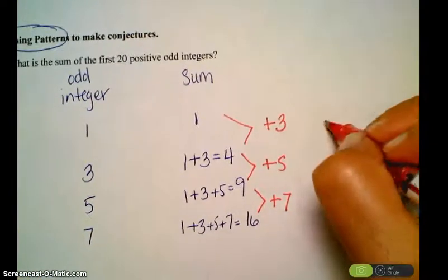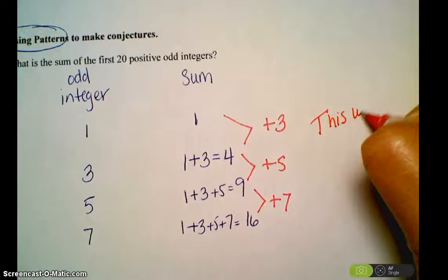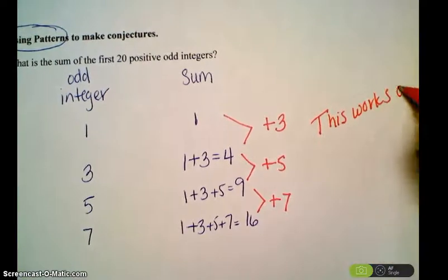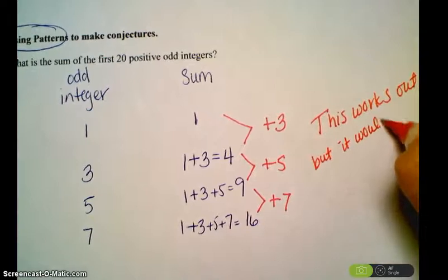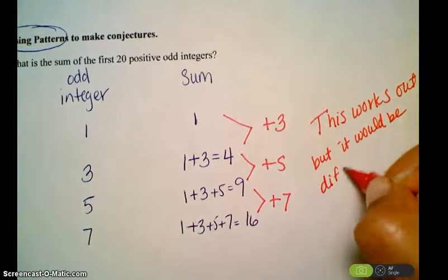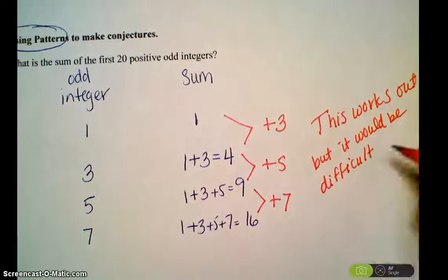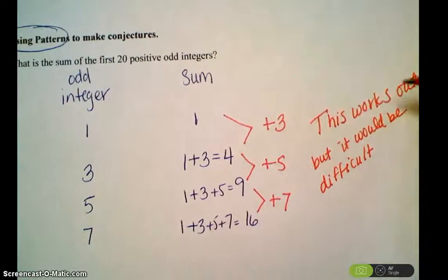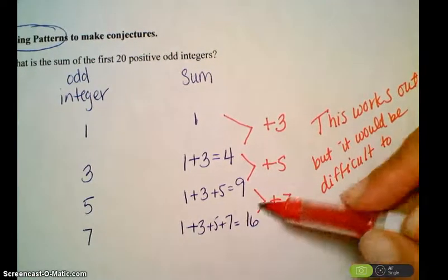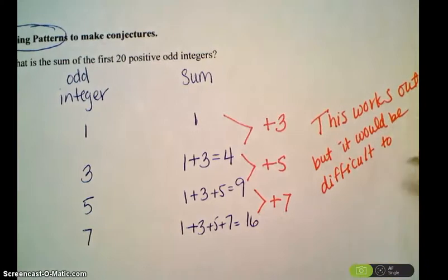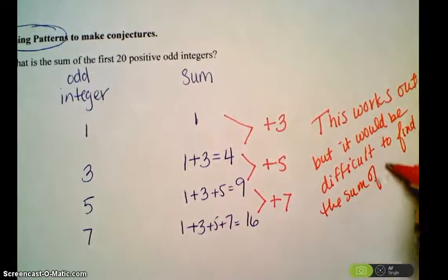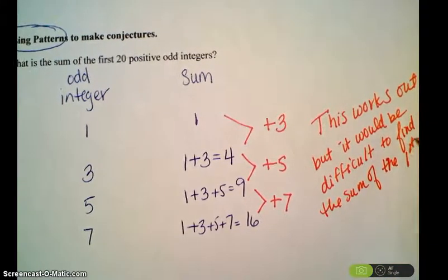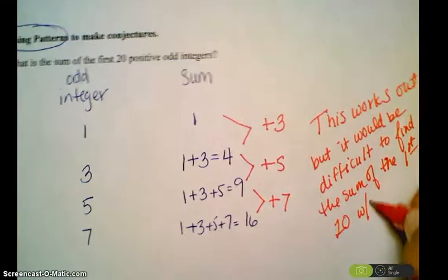This works out, but it would be difficult to get the sum of the first 20 unless I listed out all of the sums so that I could see where I ended up, without a full list.